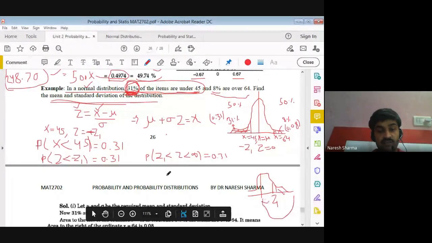So we write this as the probability from 0 to infinity minus 0 to z1, which is already given to us as 0.31. Now we know that this is 0.5.